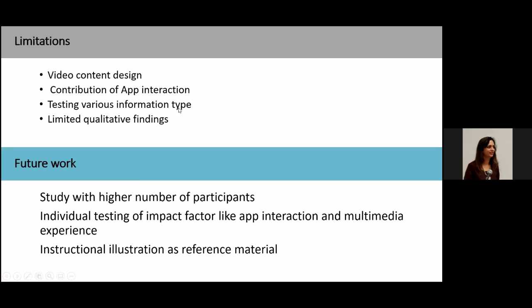Then there are different information types that can be shown using instructional illustration that I didn't test. I tested a very specific type of information. Then I had very limited qualitative findings. I could have done more interviews with the users, but I couldn't do that because I had limited time available.